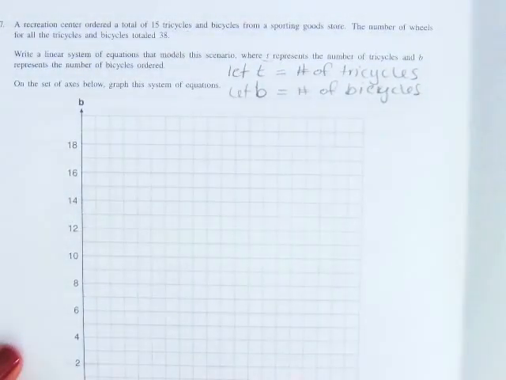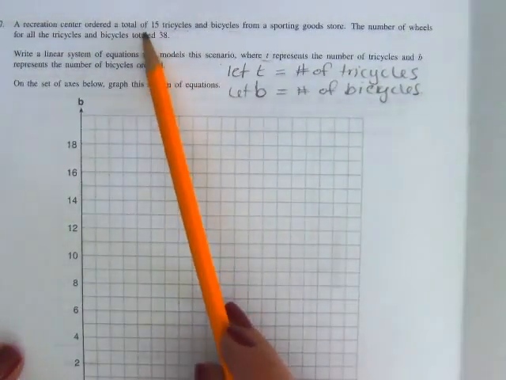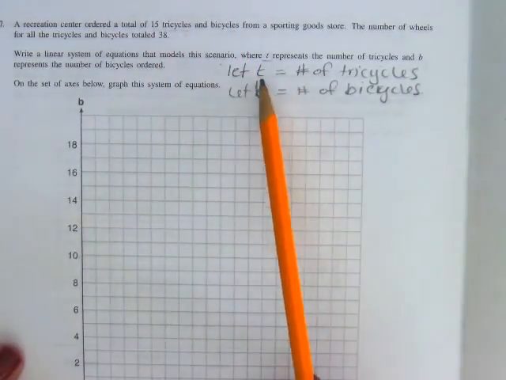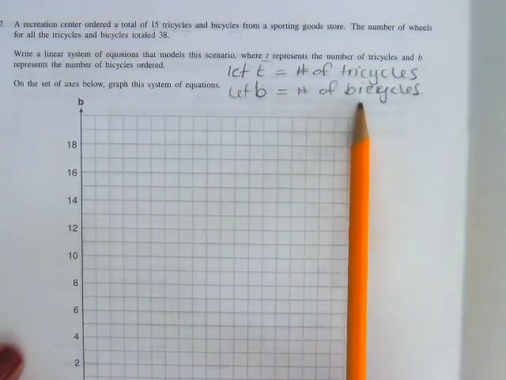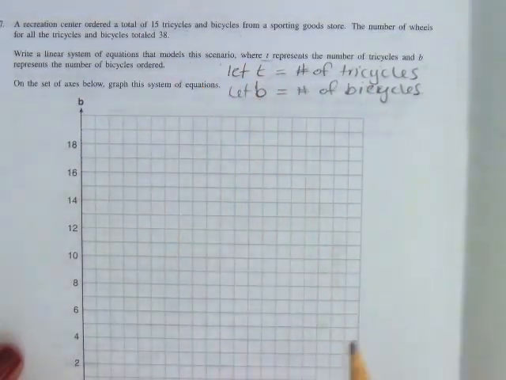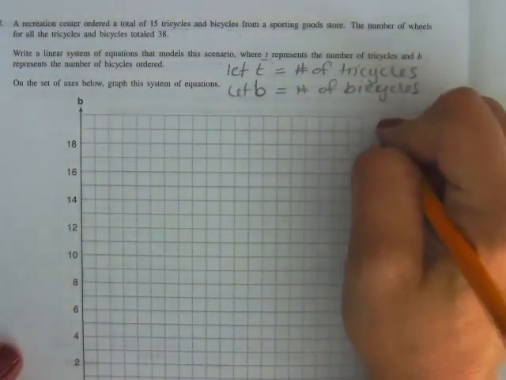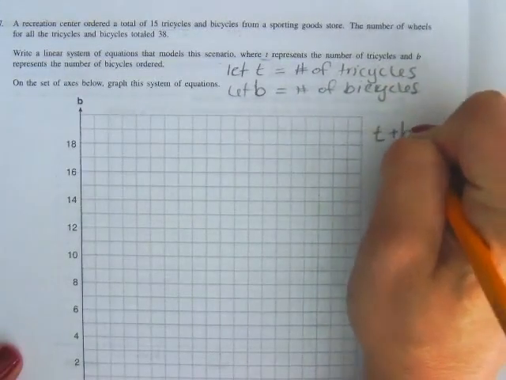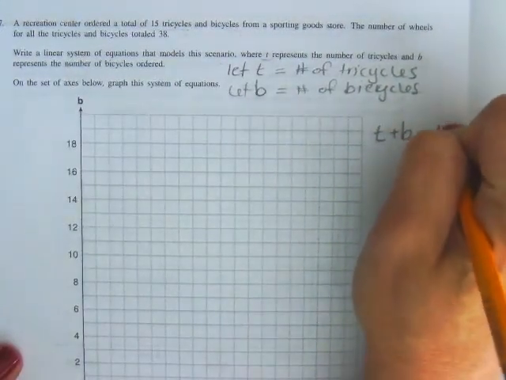If there were 15 tricycles and bicycles, then the number of tricycles plus the number of bicycles, T plus B, has to equal 15. And that gives me my first equation for my system. T plus B equals 15.